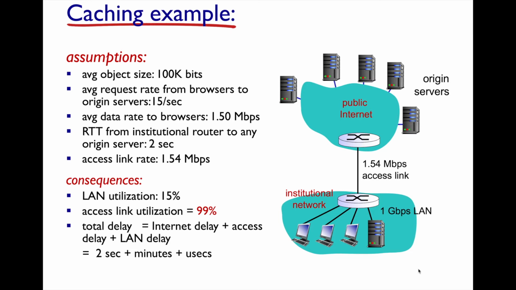So we have internet delay, which is on the order of seconds, like 2 seconds or so, for the internet delay to get to the gateway for the ISP. And then you have the access link delay, that's to get across the access link onto the network of the organization like DSU. And then you have the local area network or LAN delay to get from the gateway on the institution side of the network to an arbitrary machine that is the consumer of the content.